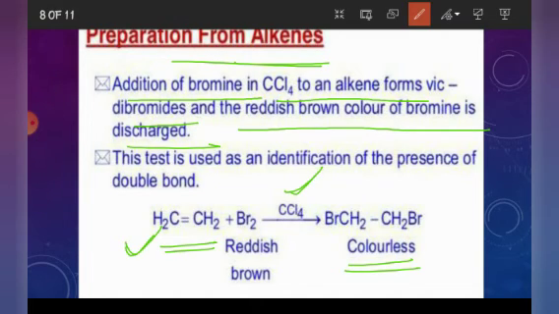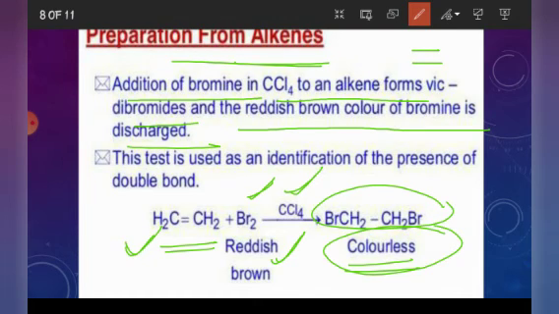Now you must know that this test is used for the detection of double bond. Why? This bromine is reddish brown in color, and when the reaction is completed, the product formed is colorless. So if we have an unknown solution and we need to find out whether it is an alkane or alkene, we will simply add bromine water to it.